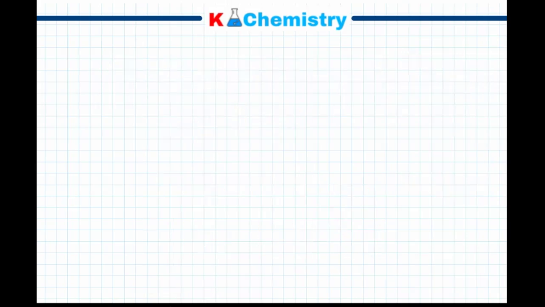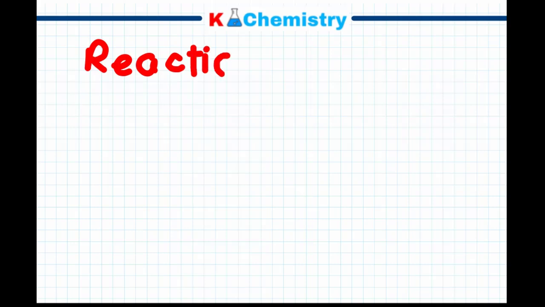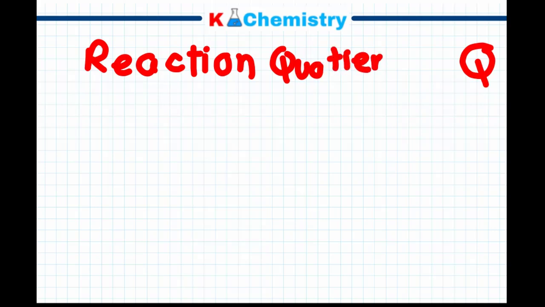Now let's talk about our reaction quotient. What is our reaction quotient, which has a symbol of Q? The reaction quotient is just an expression which has the same form as the equilibrium constant expression.